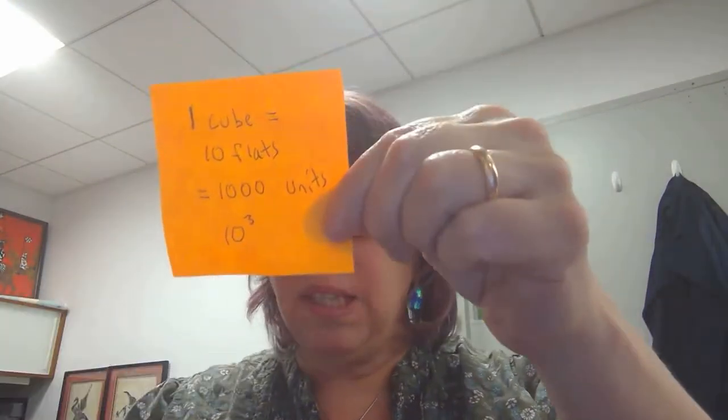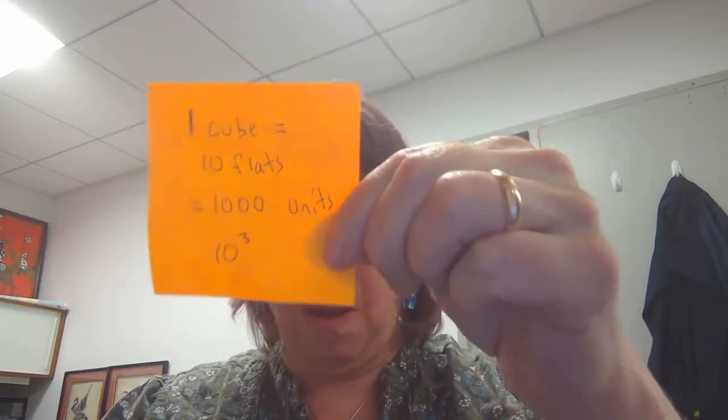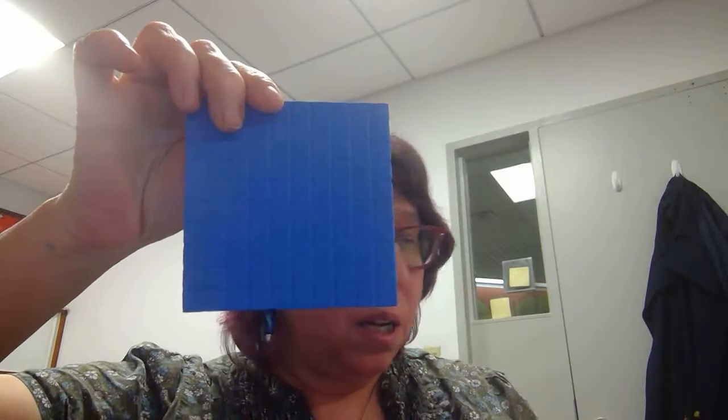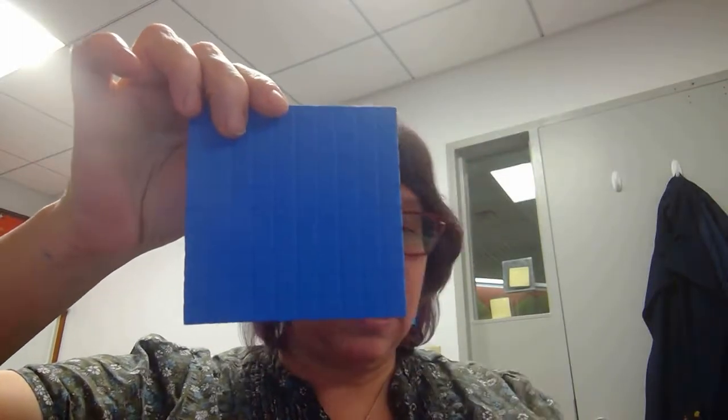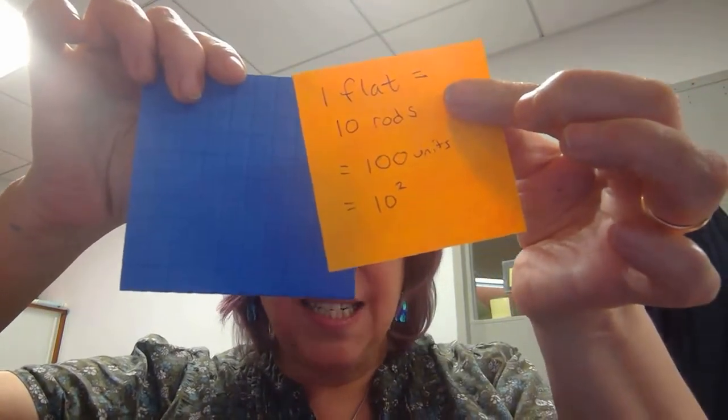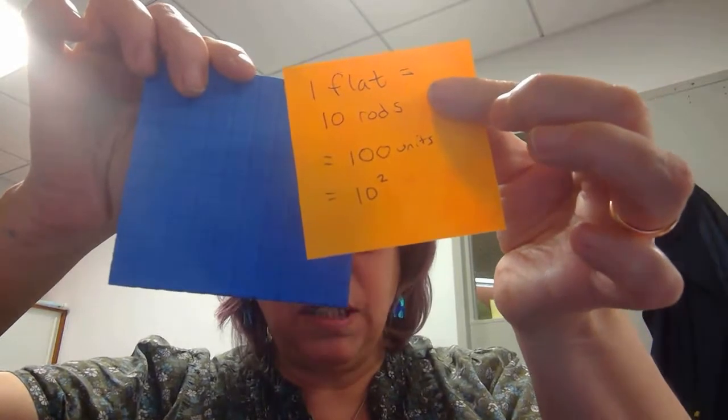And 1,000 units is also 10 to the third power, right? So now what about the flats? What power of 10 is a flat? A flat is 100. So 100 units is 10 by 10. A 10 by 10 flat is 10 to the second power, or 100 units.